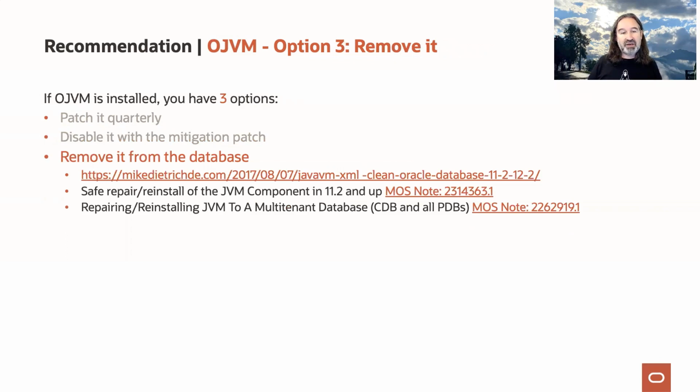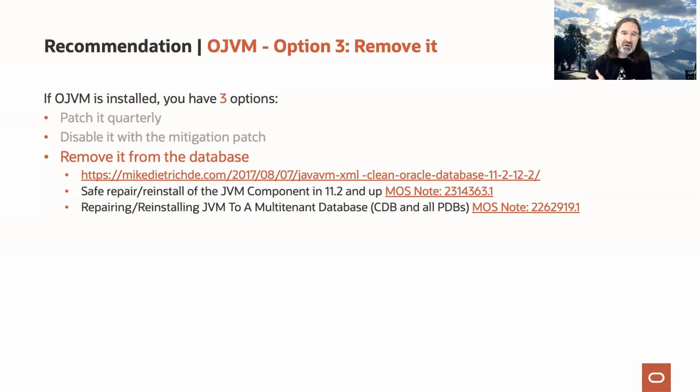And if you think my blog post here about how to remove it is something unofficial, no worries. There are official Moss notes. They are called save, repair, and reinstall, or repair and reinstalling OJVM. But what you basically do is you stop after the remove, because both of these notes explain that first you need to remove OJVM and all dependent components.